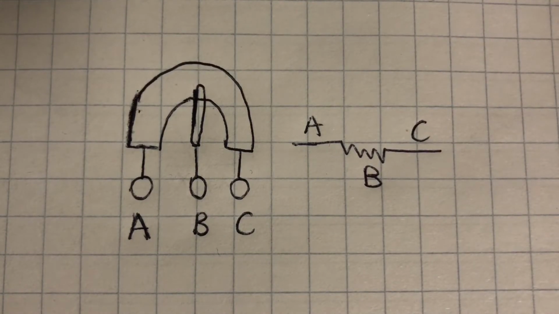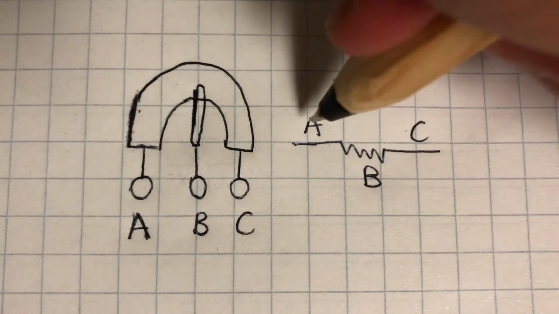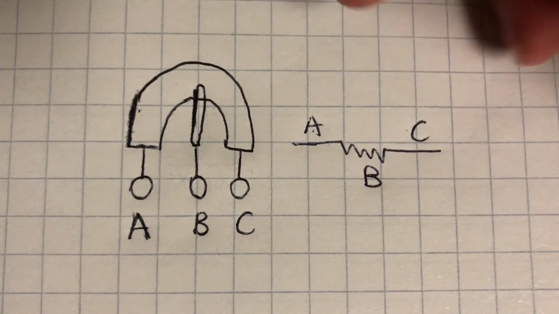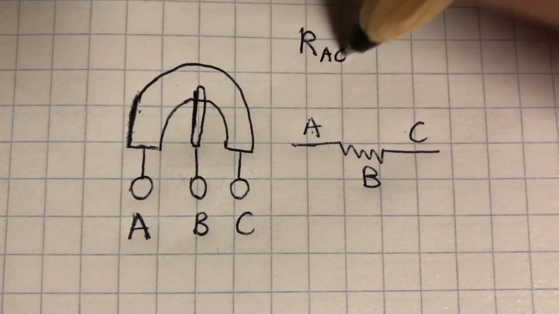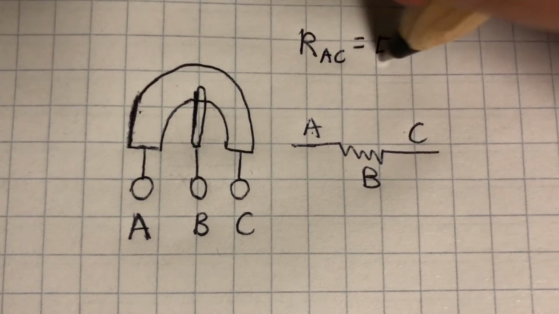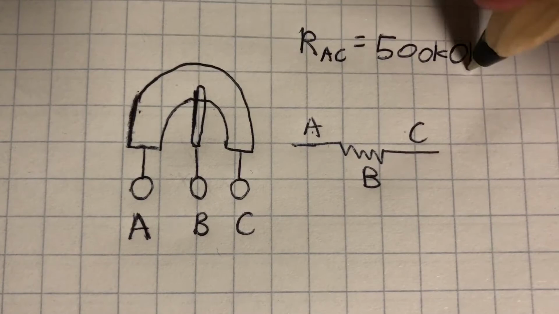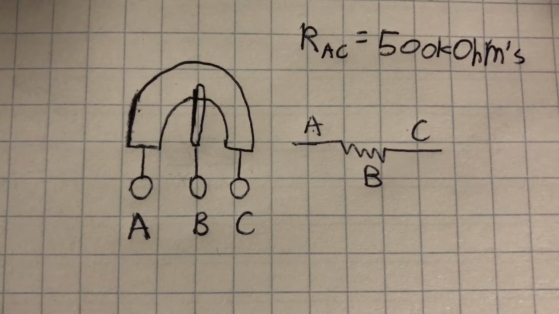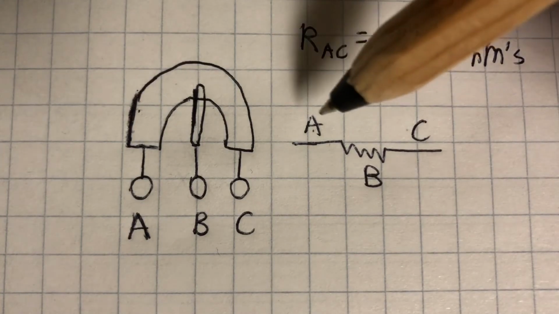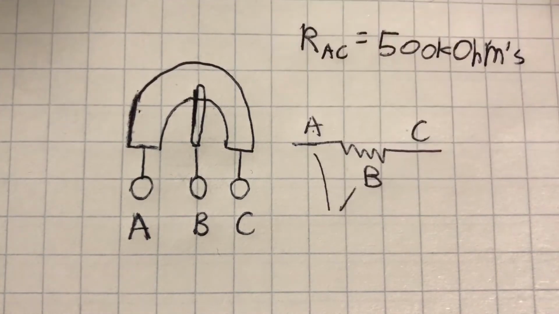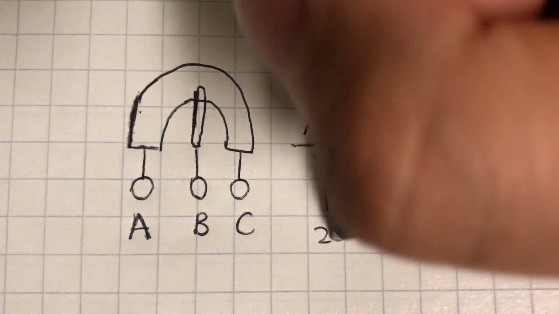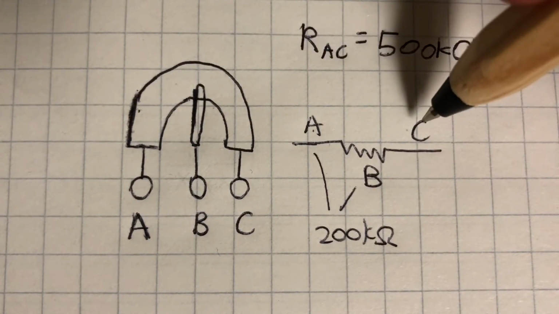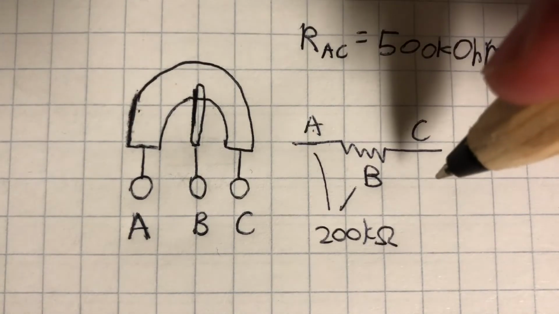And the main idea here is that the total resistance from A to C must stay constant. So let's say R of AC is equal to 500 kilo ohms. So if A to B, let's say, is 200 kilo ohms, well, since we know that the A to C resistance must stay constant, B to C must be whatever is left over.